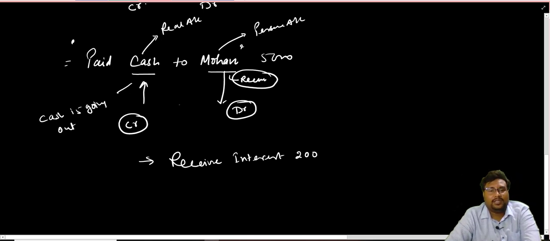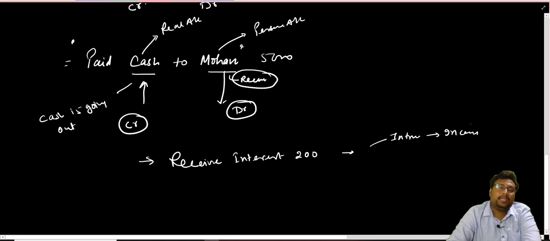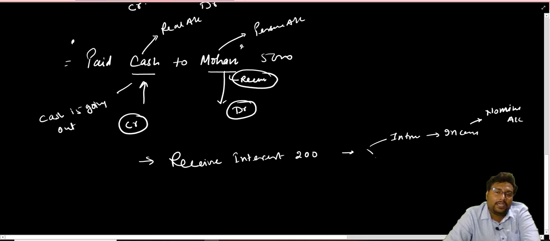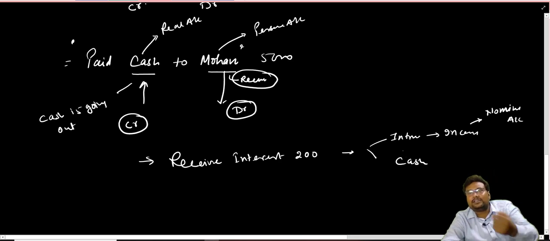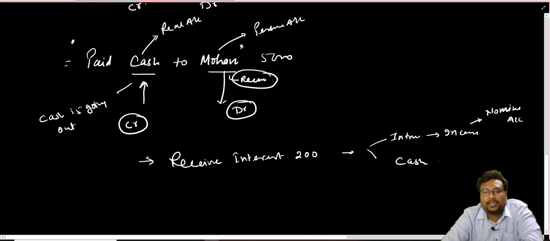Now you see that when we receive interest, actually two things are there. One is interest, which is our income, and income is what, beta? Nominal account. And when we receive interest, what thing is coming? Cash is coming, because when we receive the interest, we receive the cash also. Cash is property and it is a real account.